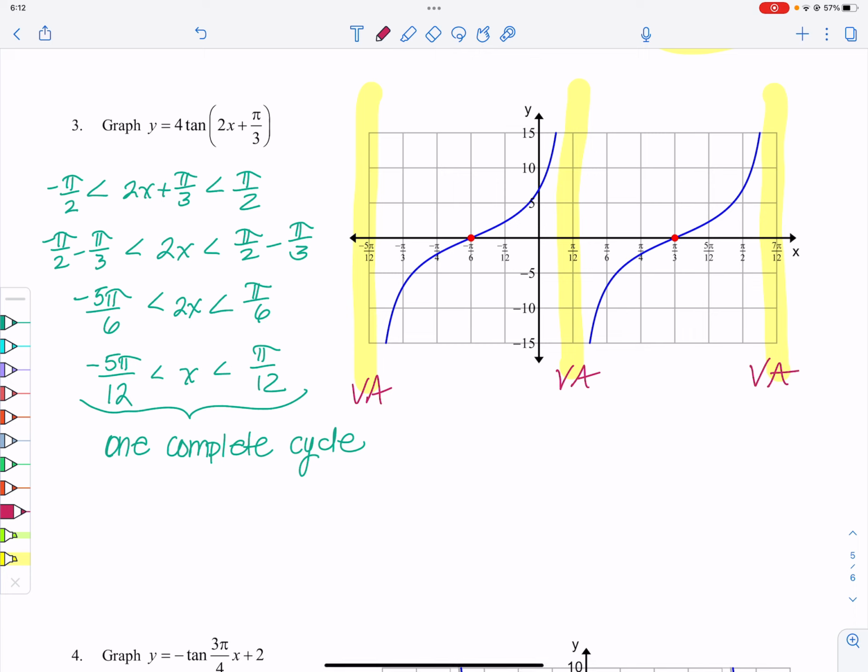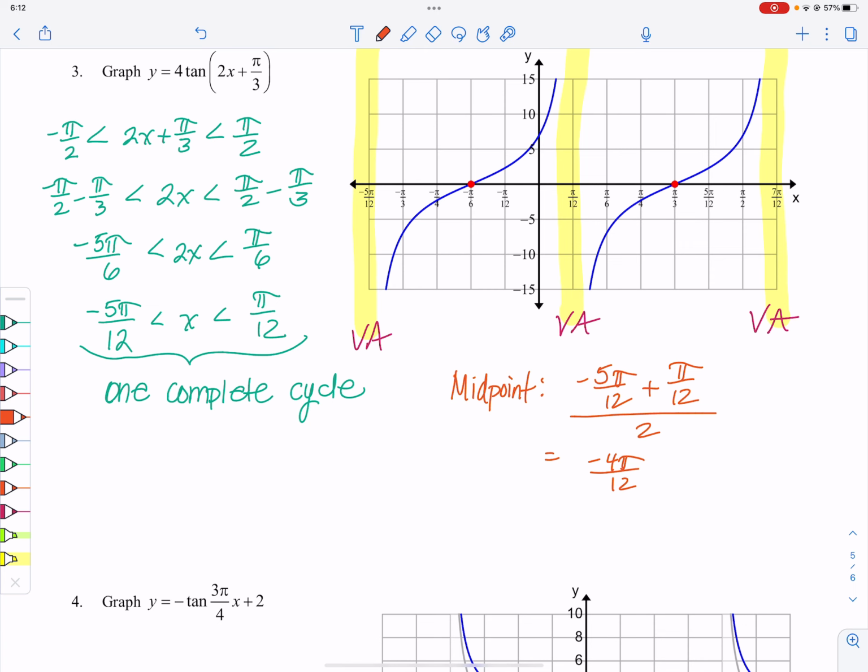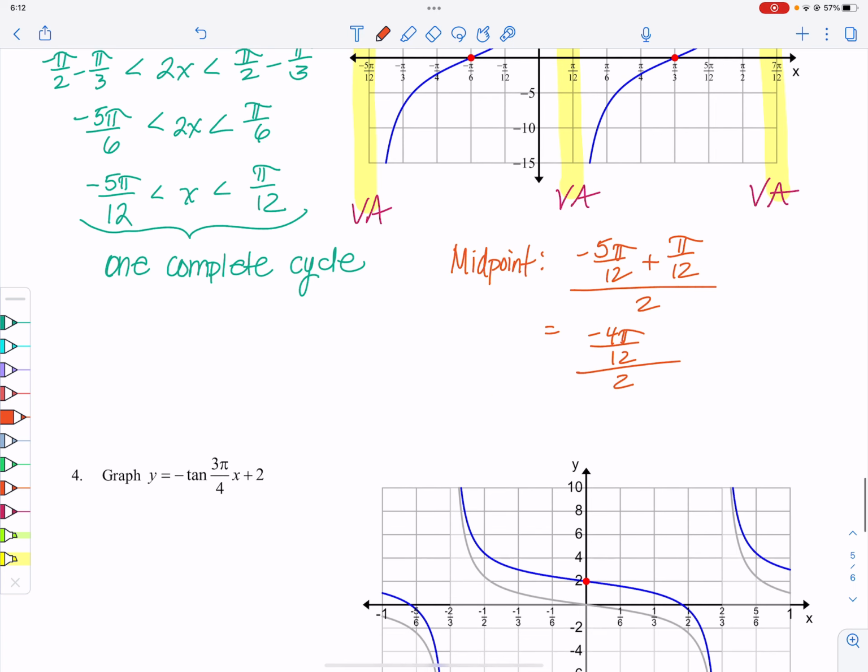We could also find those x-intercepts. Let's try that. Our x-intercepts are at the midpoint of those vertical asymptotes. So negative 5 pi over 12 plus pi over 12, all divided by 2. And we will get negative 4 pi over 12, all divided by 2.